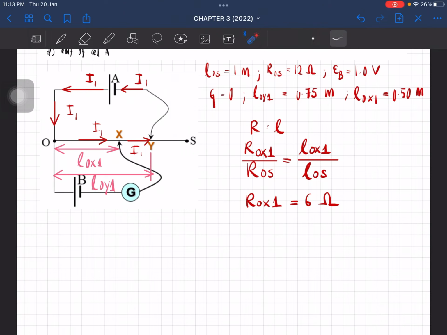This is the resistance from point O until point X.